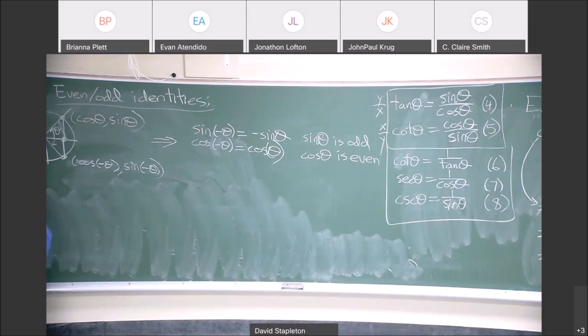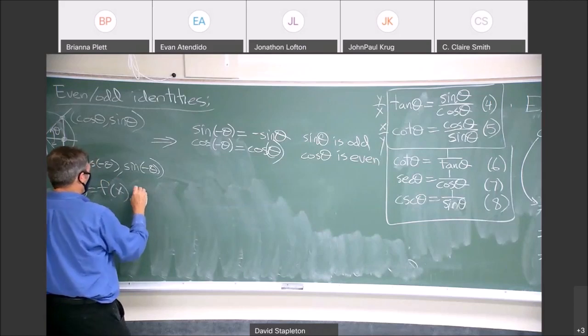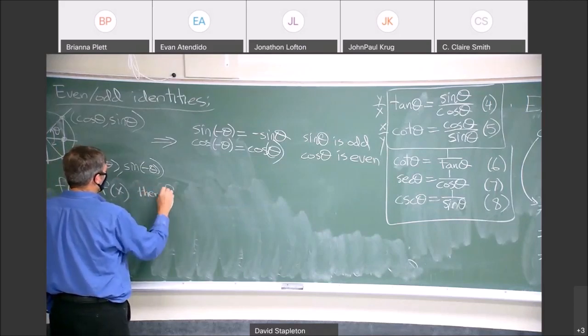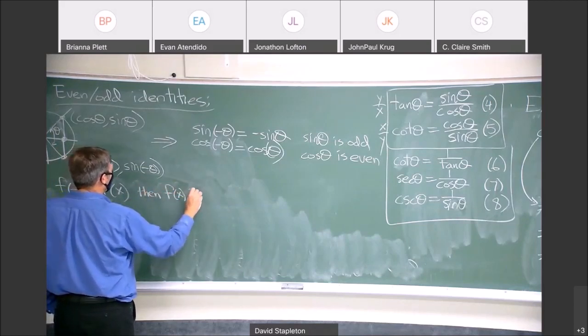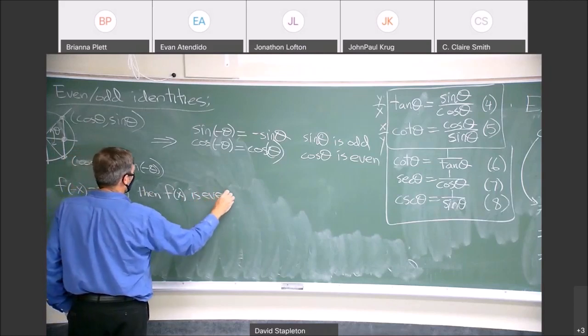Even and odd is for functions. You say this: if f of minus x is equal to f of x, the minus goes away, then f of x is said to be even. And what graphing property does it have?